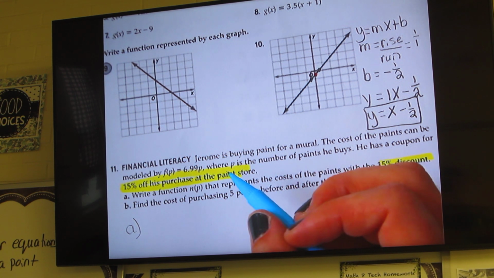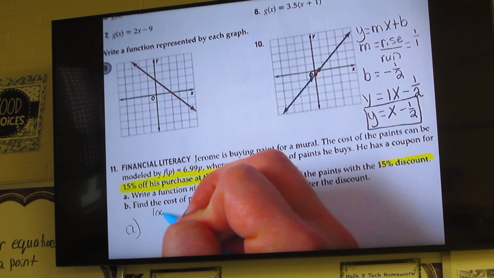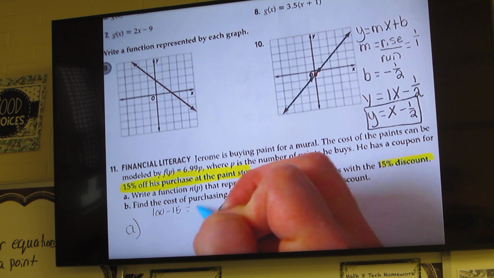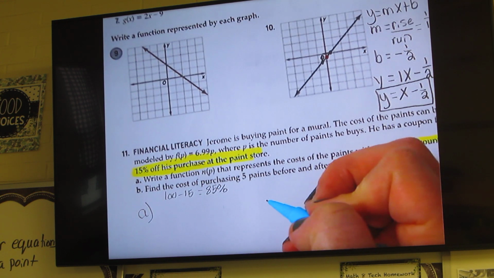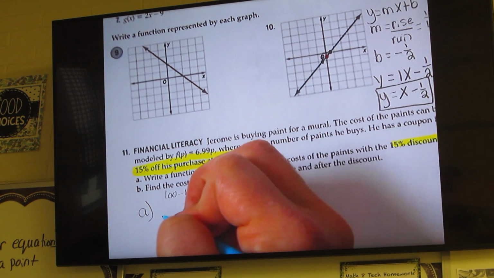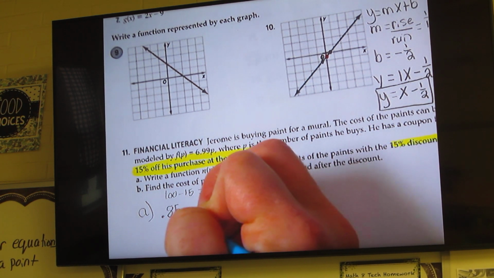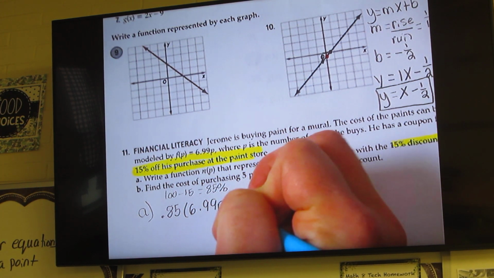You always take that percent away from that 100%. So 100% minus that 15% leaves us with 85% of the original cost he's going to pay. And to write it, we don't put 85, we always write it as a decimal. So I'm going to do 0.85 multiplied by my original function of 6.99p.